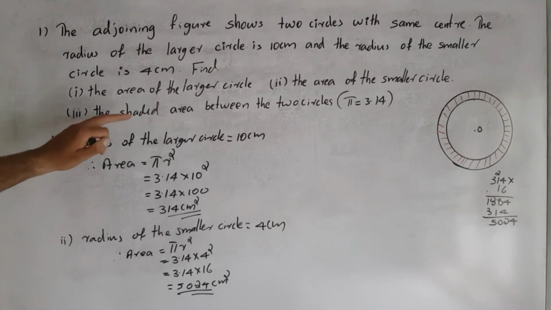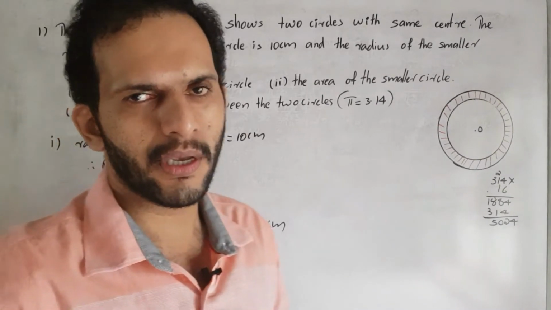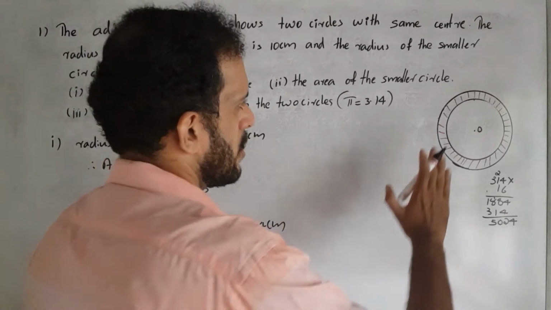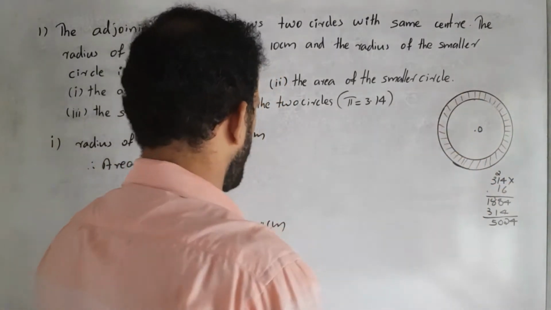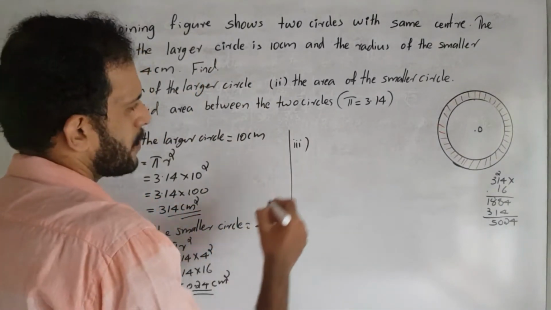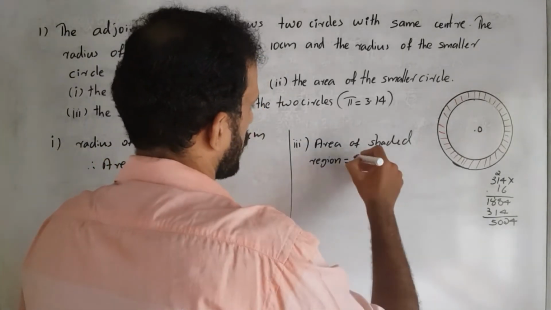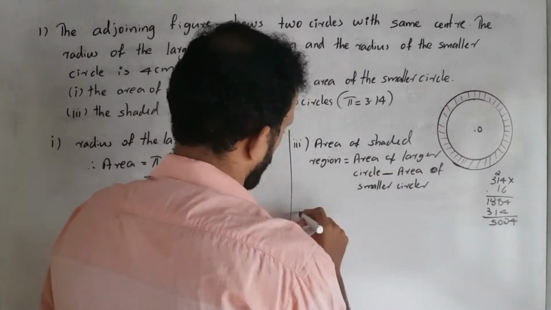We want to find the area of the shaded region. We already discussed how to find the area of the shaded region. Yes, area of the shaded region is equal to area of the larger circle minus area of the smaller circle. Okay, so what is the third one? Area of shaded region is equal to area of larger circle minus area of smaller circle.